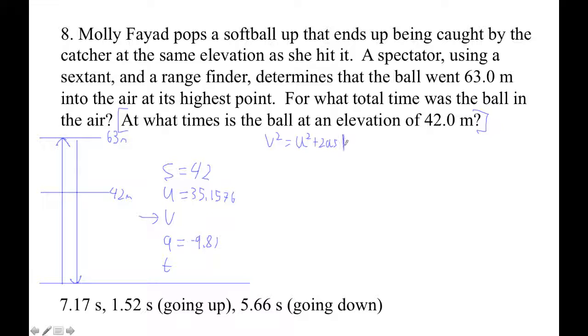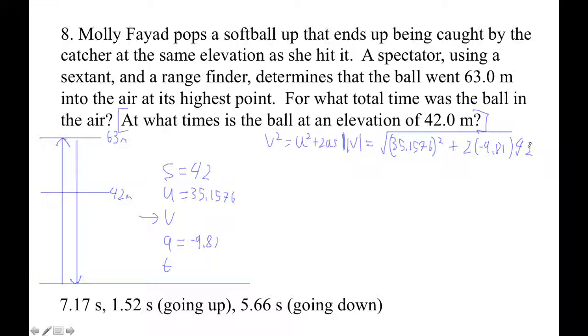So therefore the absolute value of v is equal to the square root of 35.1576 squared plus 2 times negative 9.81 times 42.